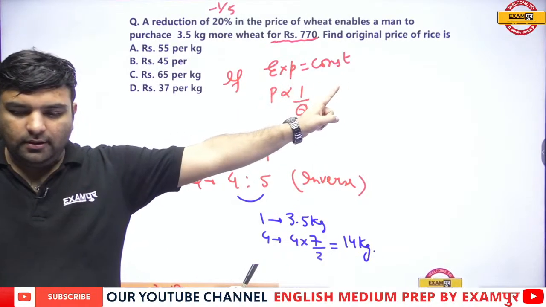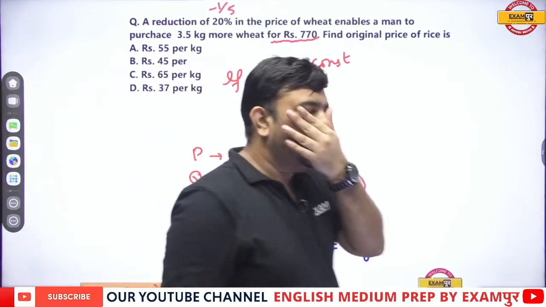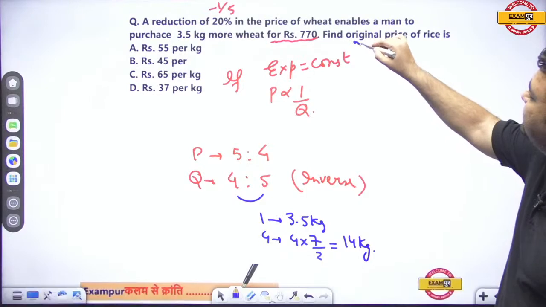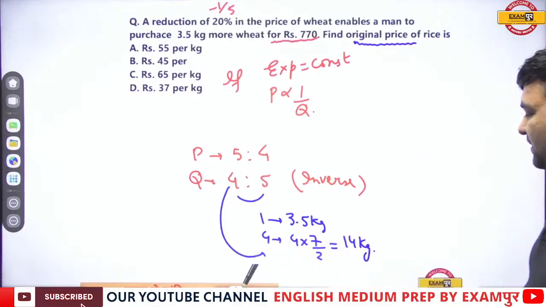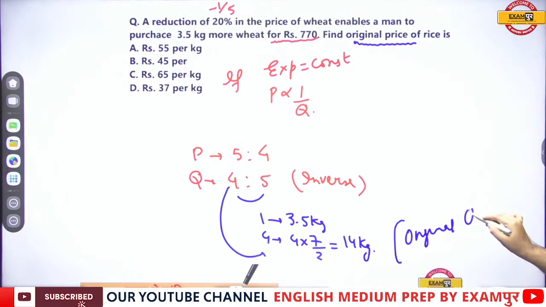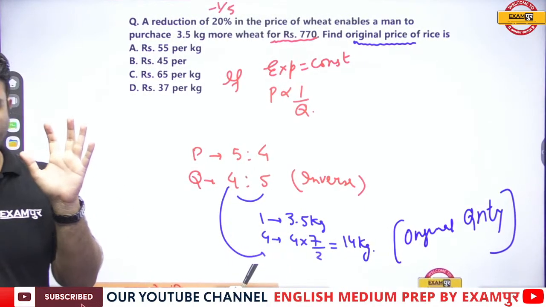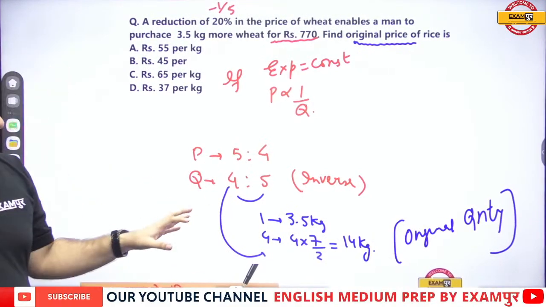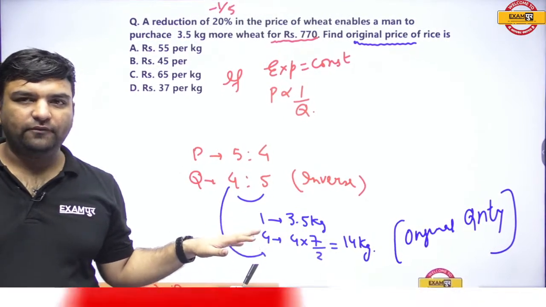Original price. Now we would be becoming a little bit smarter. They are asking the original price, so we would only be finding the original quantity. Getting my point? Now I will not waste my time in finding the final quantity.